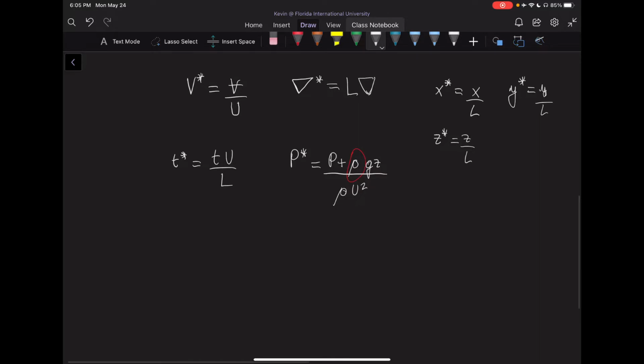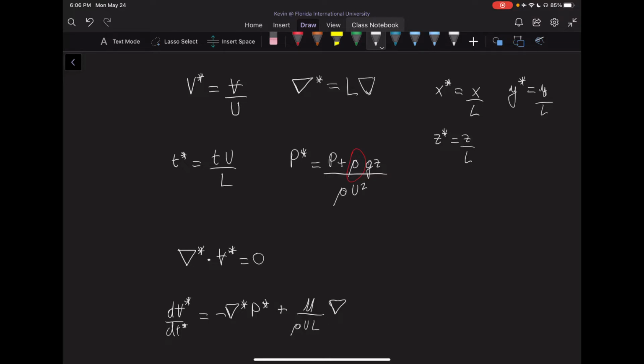Since we have all these non-dimensional parameters, we can say that the gradient star dotted with v star is equal to 0, and dv star over dt star is equal to negative gradient star p star plus, in order to work this out to be unitless, a term that is mu over rho U L. We should be able to recognize this term, so let's look at it in a little bit.